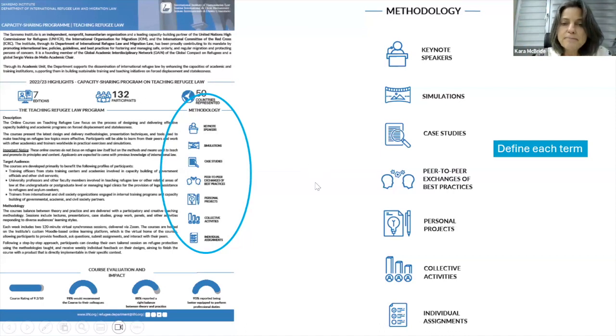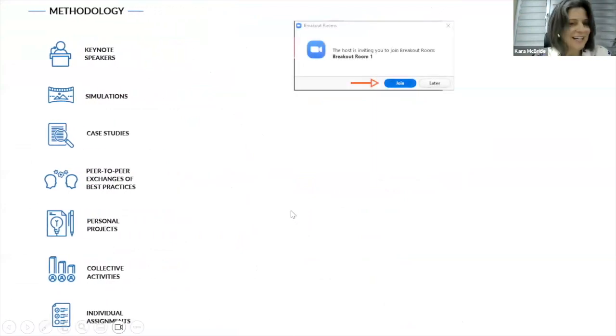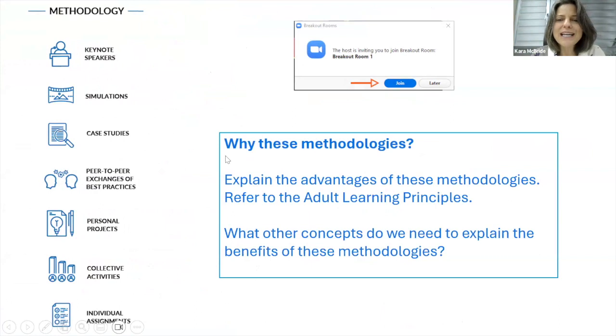Okay, so there's another breakout room. What I would like you to do in this section is discuss the list of methodologies that the Institute said were going to be used in these workshops. I want you to relate that to the adult learning principles or anything else that we've mentioned today, or what you know personally about how education works.